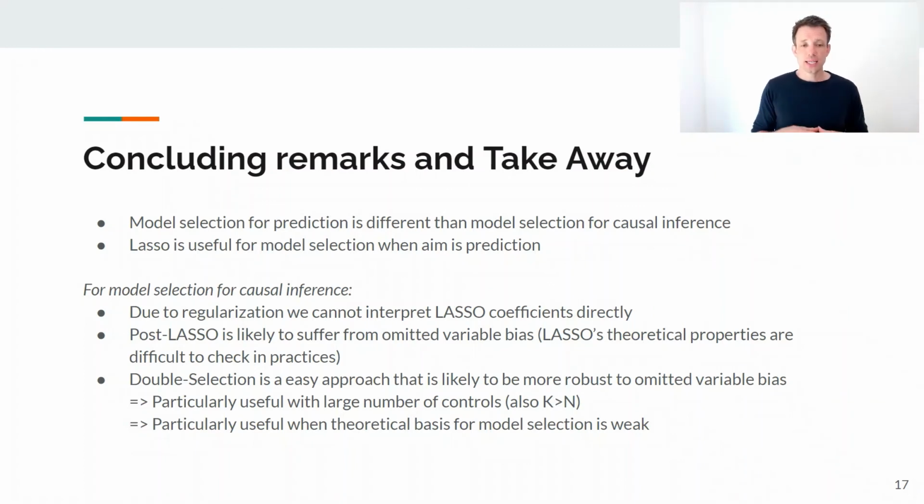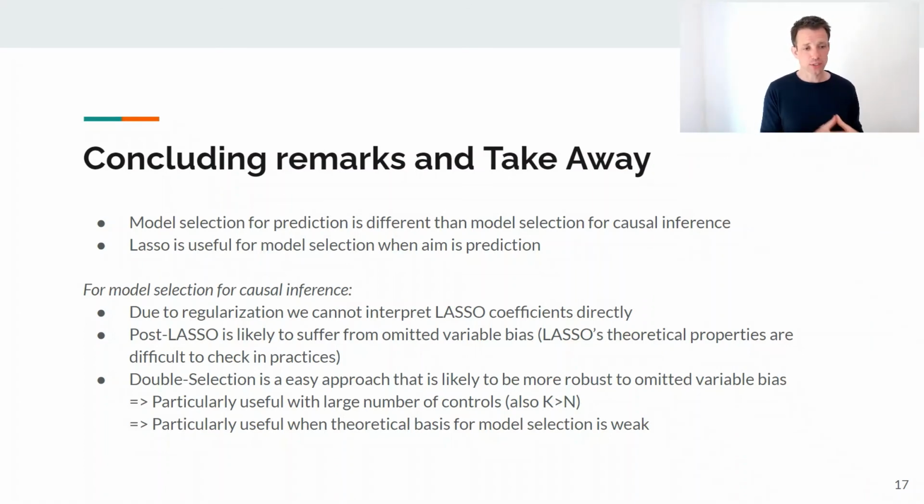However, it is likely to suffer from omitted variable bias, and the consequences we have discussed as well. Therefore this approach needs to be handled with care, because the theoretical properties of Lasso are difficult to check in practice. So be careful with that.